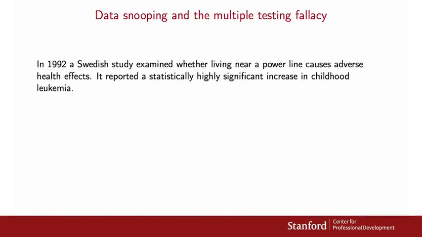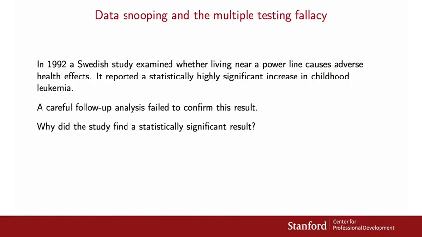Let's look at a famous Swedish study from 1992, which examined whether living near power lines causes adverse health effects. That study reported a statistically highly significant increase in childhood leukemia. But then curiously, when people followed up on that study, it turned out they couldn't really confirm that result.